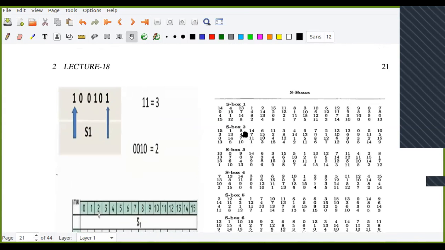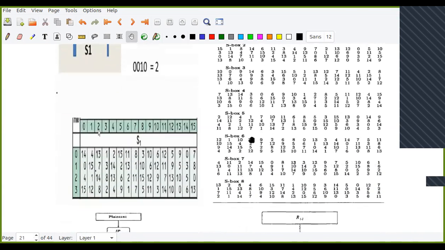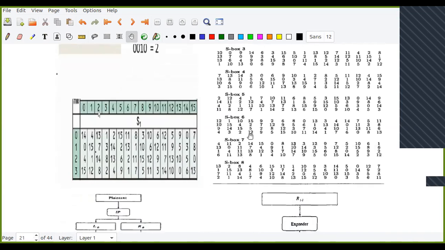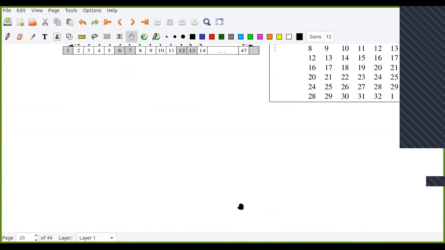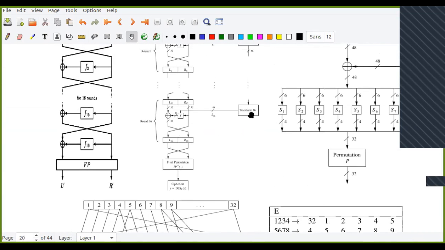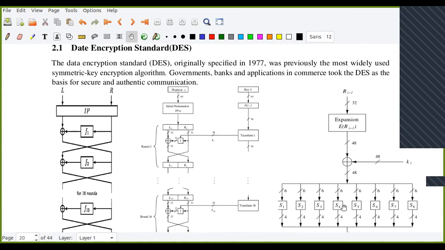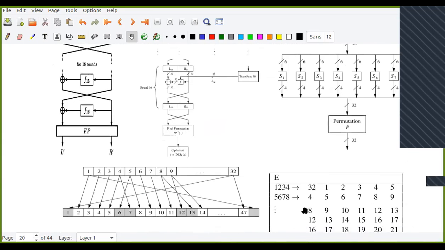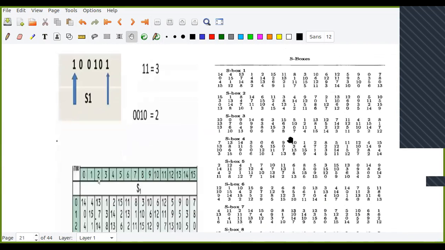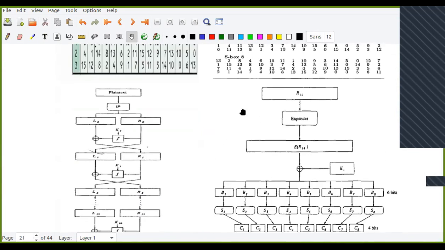When you go to the second round, S box 2 will be there. In total we have 8 boxes: S1 is this, S2 is this, S3 is this. All this is happening for 64-bit information. These are fixed boxes.